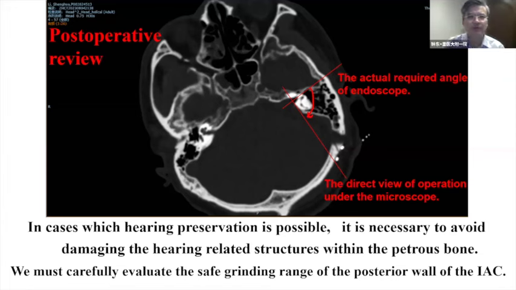The direct visual angle of microscope and the axis of the IAC is different. There is an angle of about 90 degrees. So with the 0-degree endoscope, we can't see the fundus of the IAC. The actual required angle of endoscope is 90 degrees.